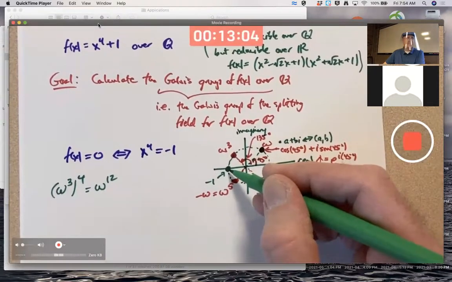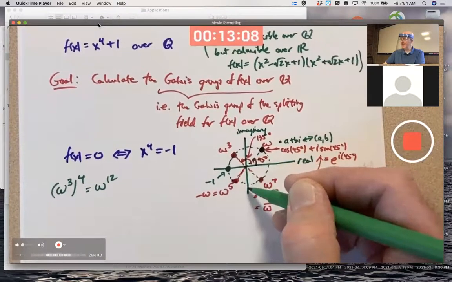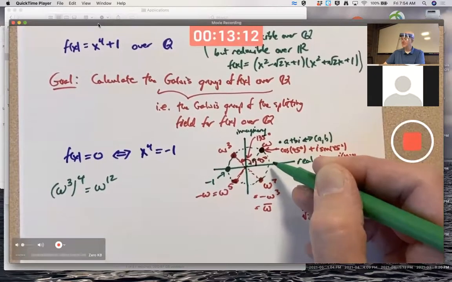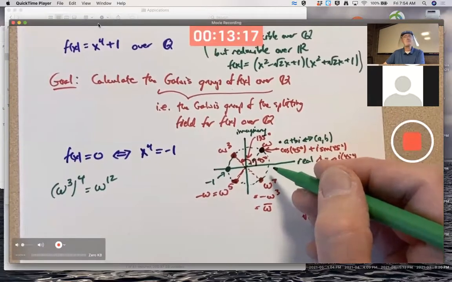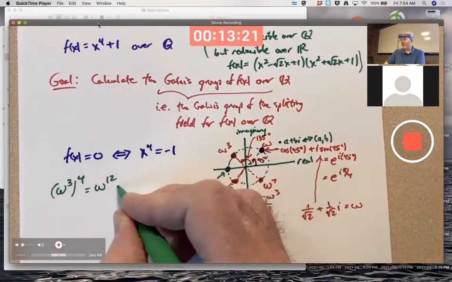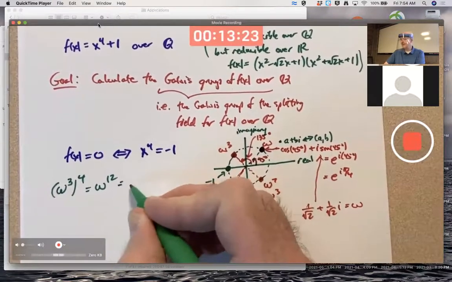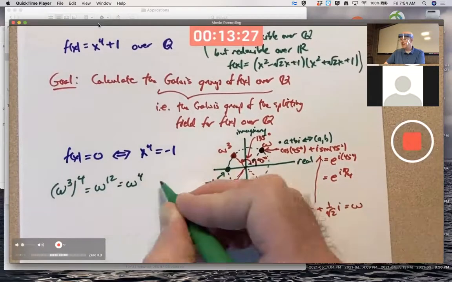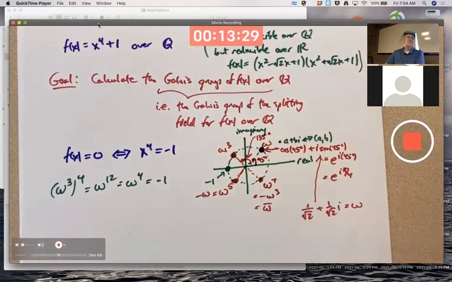Omega to the 4th is -1. Omega to the 6th is -i, and omega to the 8th is +1. Fourth roots of -1 are also eighth roots of +1. It's a cyclic group of order 8, and therefore I can mod the exponent by 8 here and get omega to the 4th, but omega to the 4th is -1.